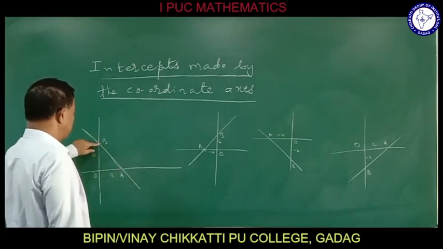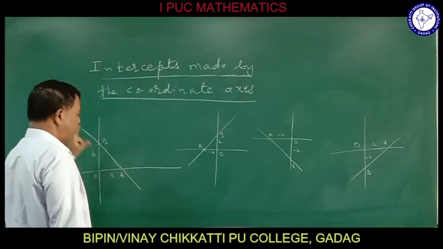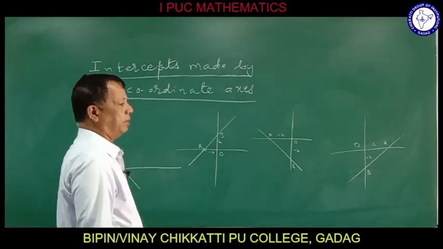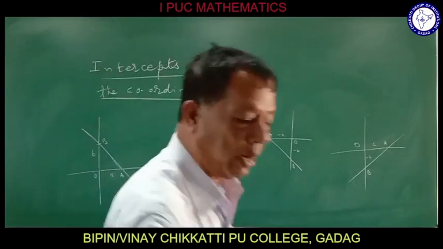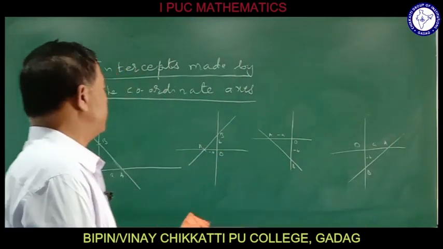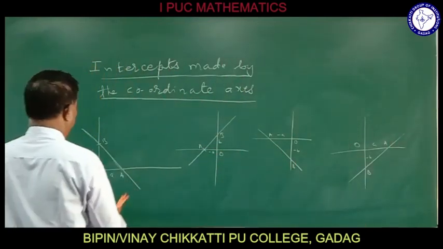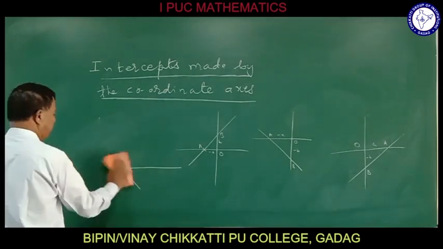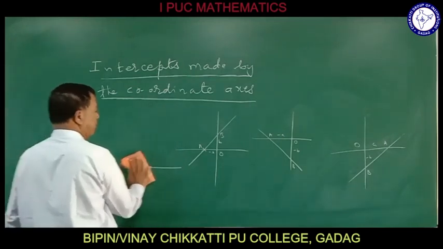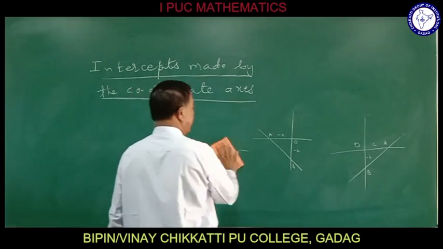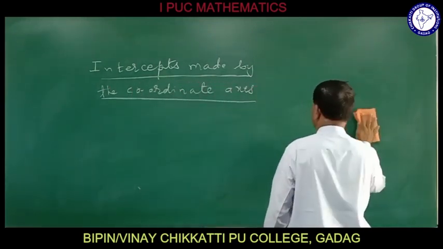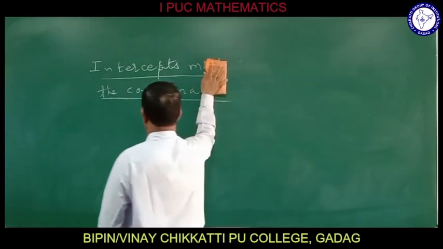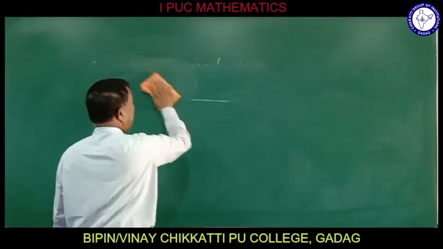The distance where it cuts the y-axis from the origin is called the y-intercept. The x-intercept is denoted by small a and the y-intercept by b. So intercept means where the line cuts the x-axis and y-axis. This is the case with the intercepts made by the line.